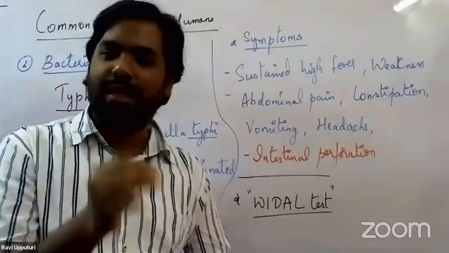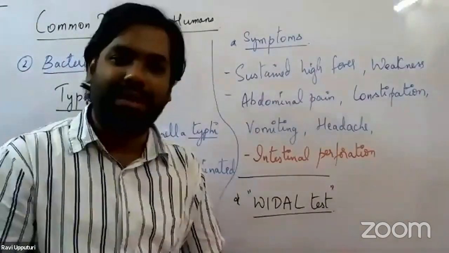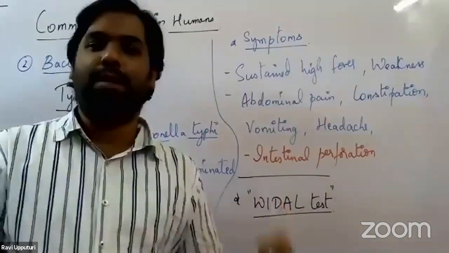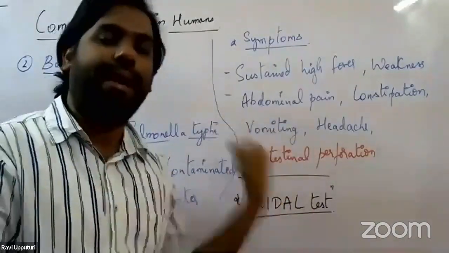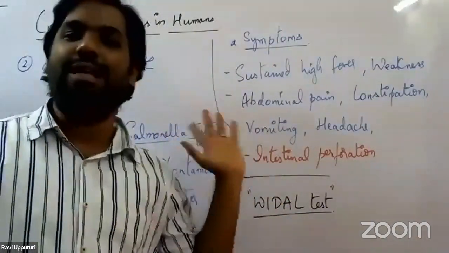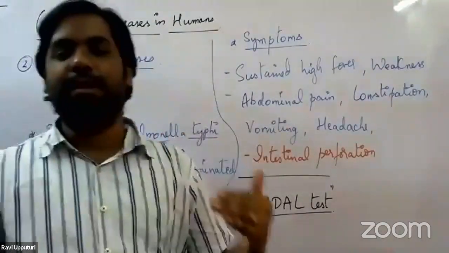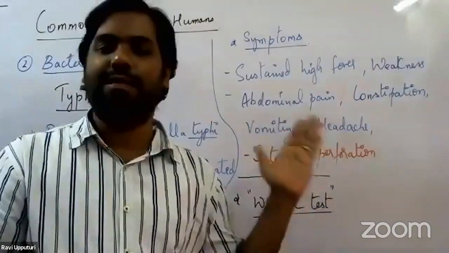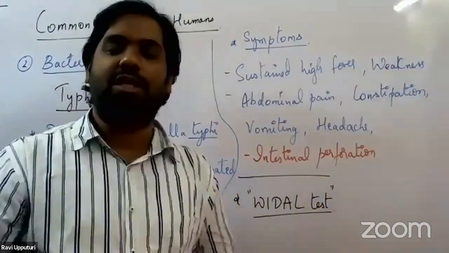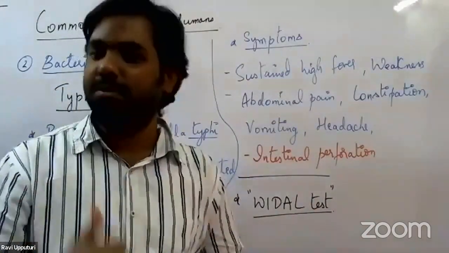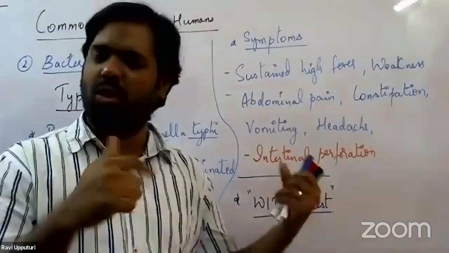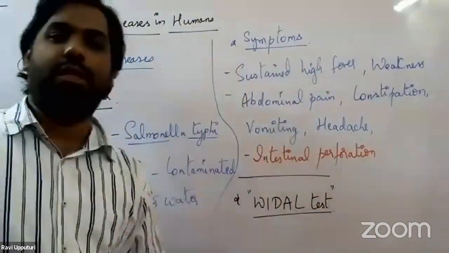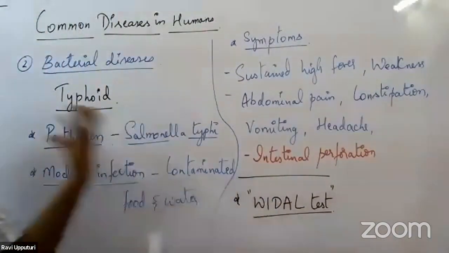With the help of this Widal test, we can identify whether a person is positive or negative for this particular disease called typhoid. For the treatment, there are several antibiotics available to treat typhoid. Antibiotics such as ciprofloxacin, and another common antibiotic called azithromycin, are used to treat this disease.